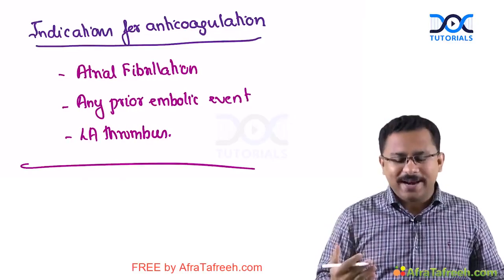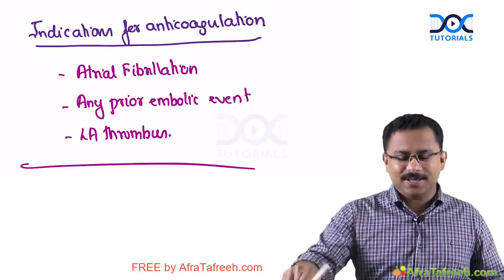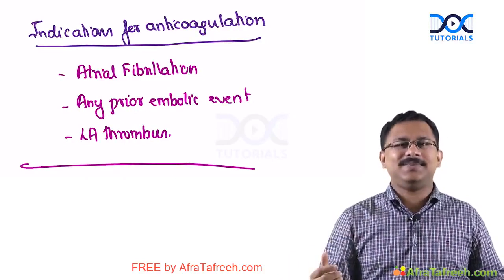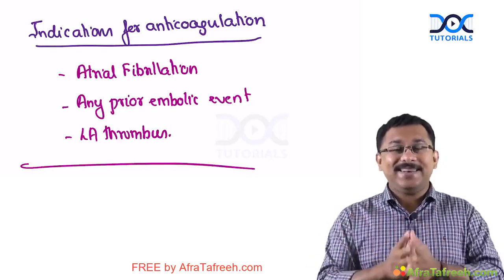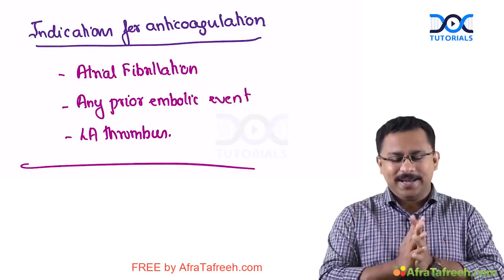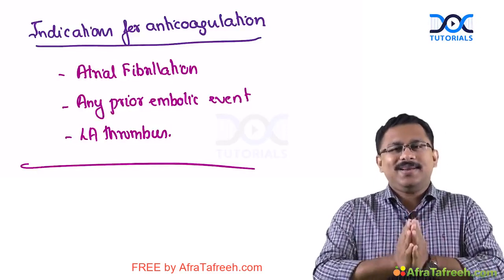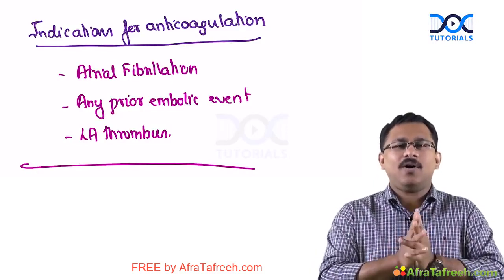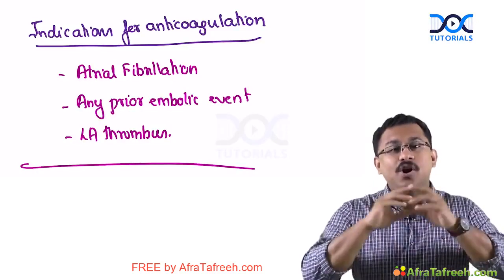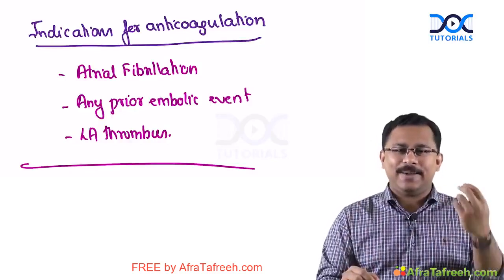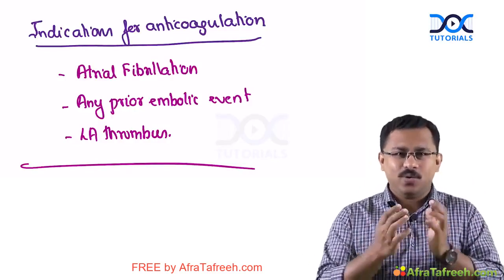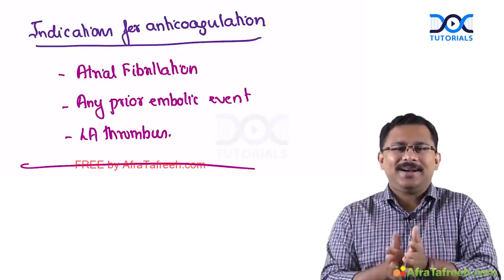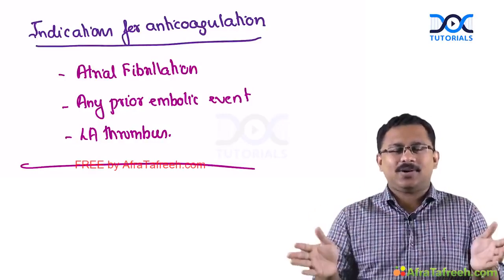Now when you go for anticoagulation, you should actually go for a vitamin K antagonist, okay. So remember, the non-vitamin K oral anticoagulants have not been studied in rheumatic MS, which is why you'll go for warfarin only, not a dabigatran or an apixaban or a rivaroxaban.